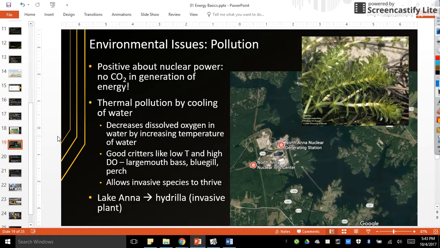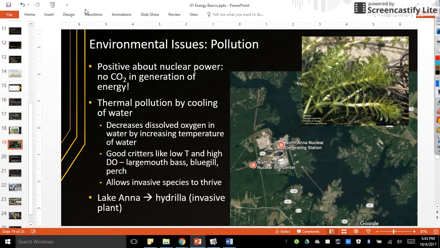All right, so let's talk about some environmental issues associated with nuclear power. The first positive thing about nuclear power is that there is no carbon dioxide generation in the creation of energy.